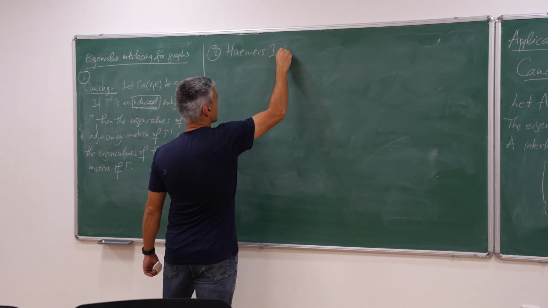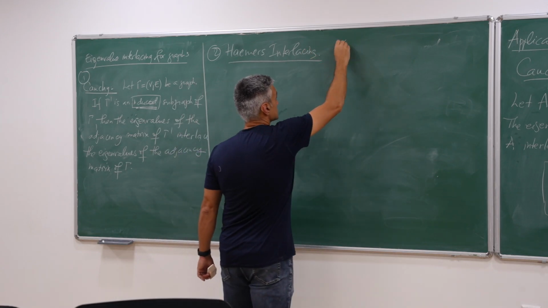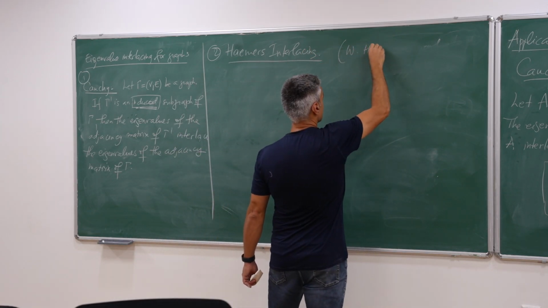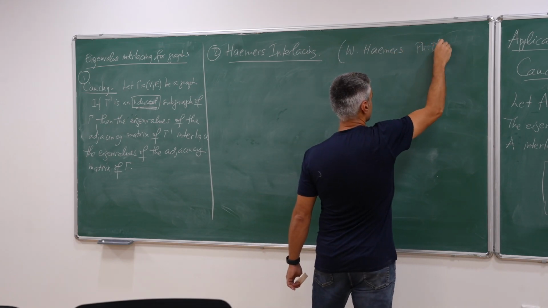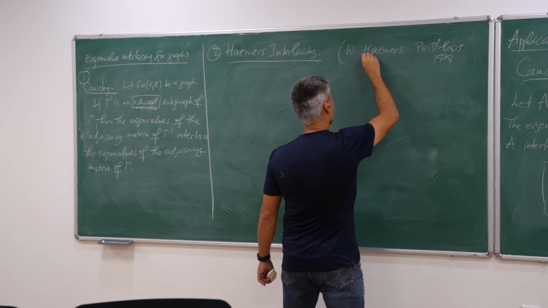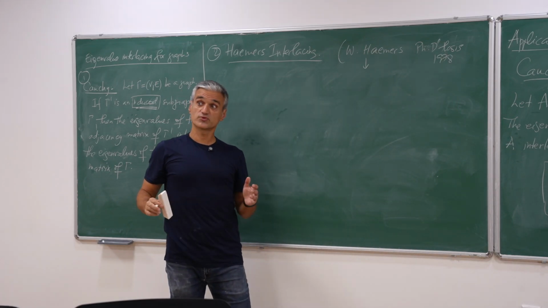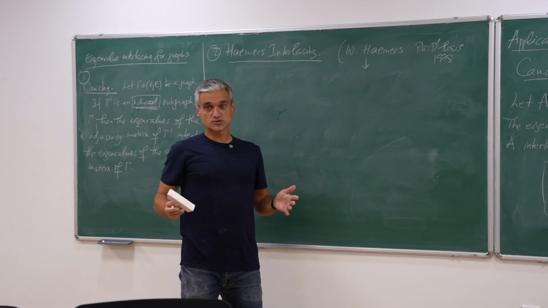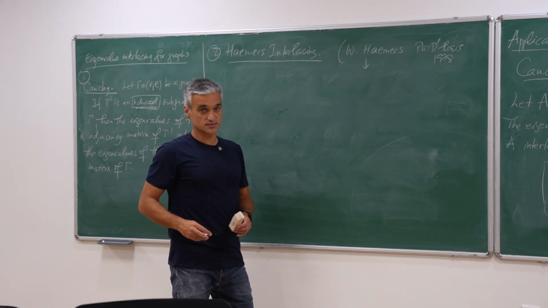I mean, Haemers didn't call it that, but this is Willem Haemers, who obtained this in his PhD thesis in 1978. If you want a very good overview of it, it's not so recent, but it contains more examples than I'll give you here this week.